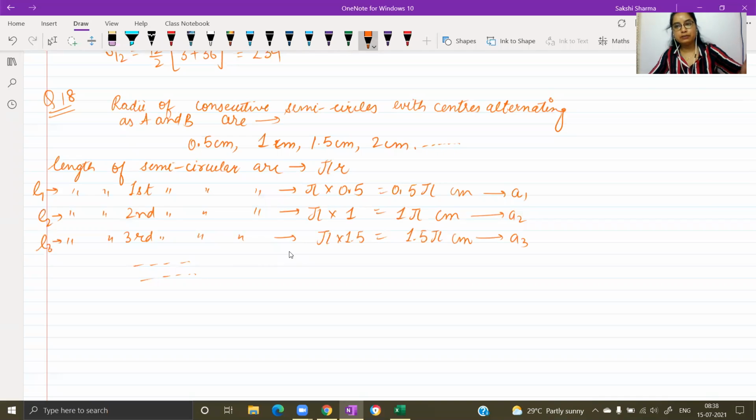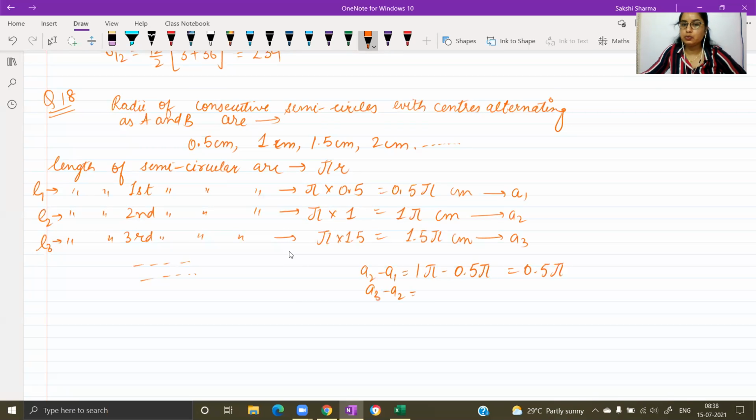L is the representation we use for length of an arc. So that's why they have used L. You could work with A1, A2, A3 also. So I have represented A1, A2, A3 just to check for consecutive differences. What do you think? A2 minus A1 is 0.5 pi.